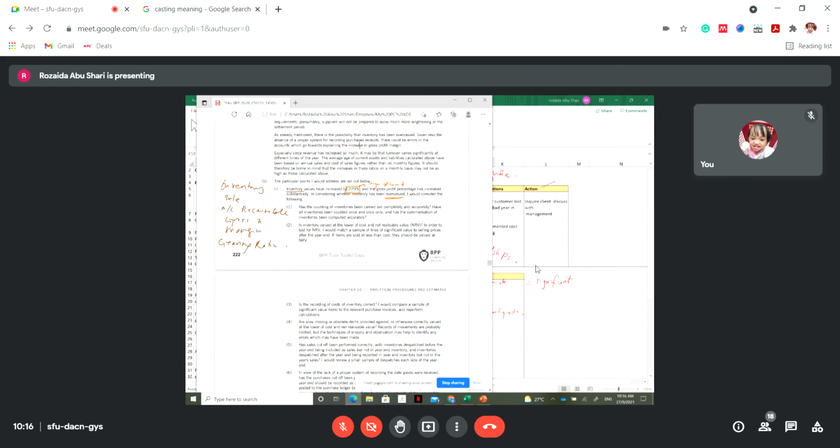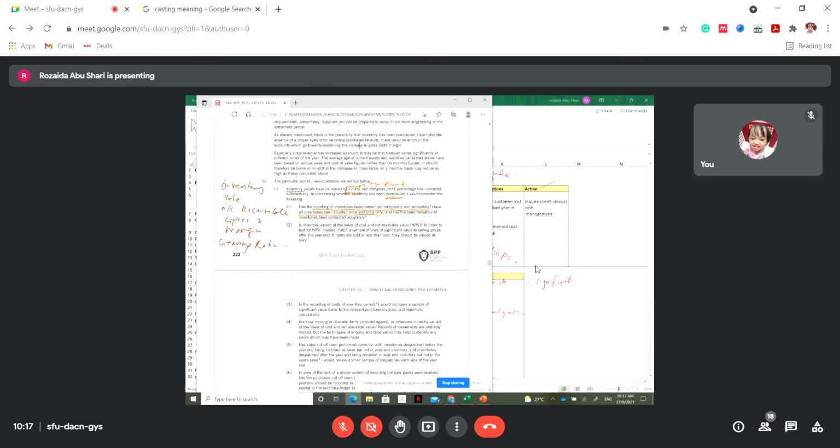So what should you do in your extent? Has the counting of inventories been carried out completely and accurately? You should ask yourself whether the counting of inventories has been carried out completely and accurately. Have all inventories been counted once and once only? We have done the test of control, right? So you must look at or observe the procedure for the counting of inventory.